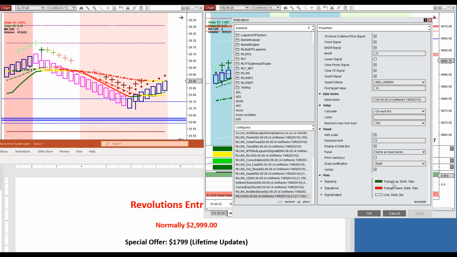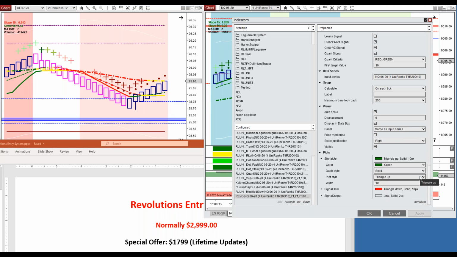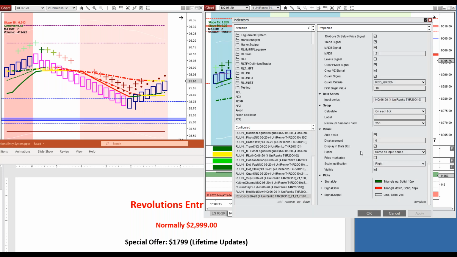See, I have a triangle up, triangle down, but you can format the signal however you like. You have all kinds of different options here. So it's all formattable. It all depends what you like.